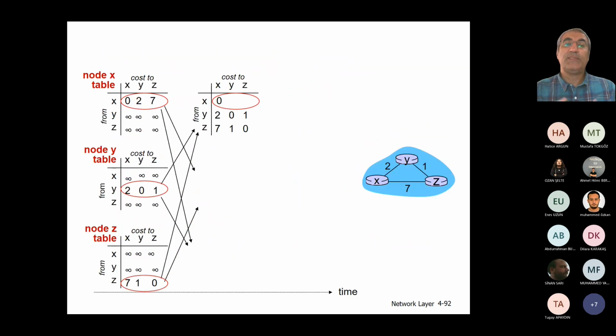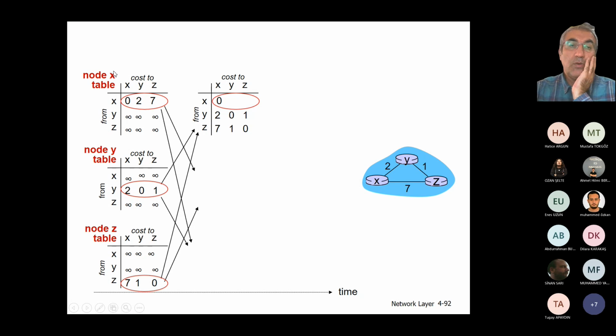Okay, let's give a specific example of how this distance vector algorithm works and how this information is shared. Assume that we have three nodes, x, y, and z, and these are the link costs 2, 1, 7.